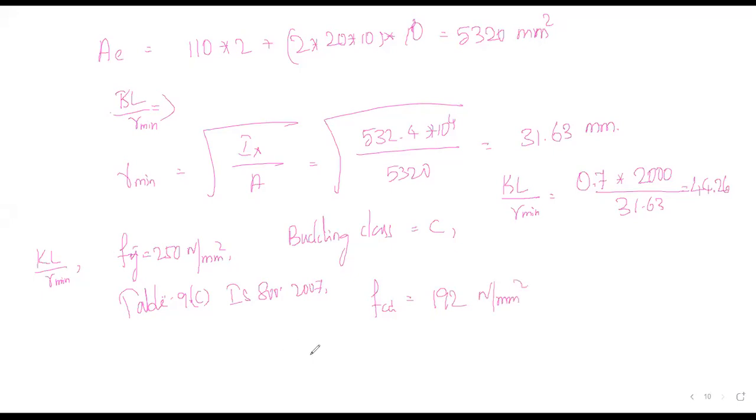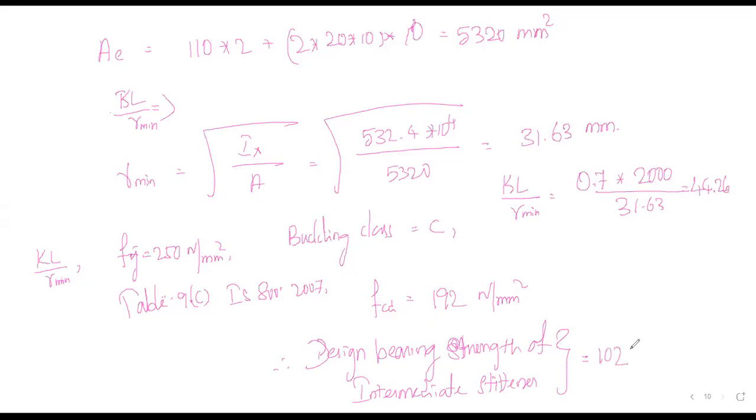If I substitute this, then the design bearing strength of the intermediate stiffener becomes AE 5320 multiplied with FCD value 192, around 1021.4 kilonewton it can transfer.